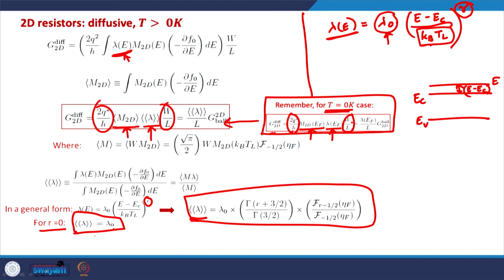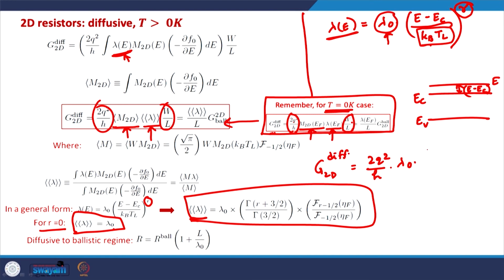For the r equal to 0 case, this entire calculation simplifies, and we can write the diffusive conductance as 2q square by h, lambda naught, the average of M2D in the Fermi window, times W by L, or lambda naught by L times G2D in the ballistic case.